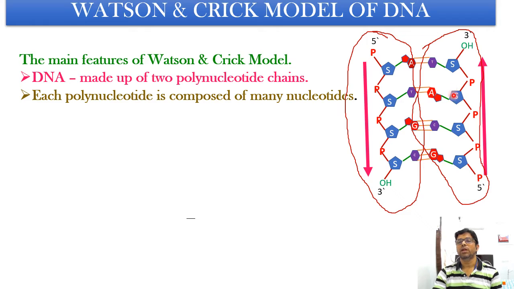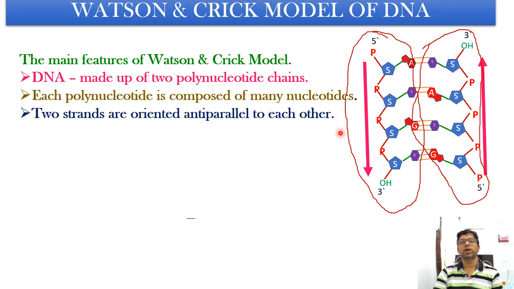So these two chains are called polynucleotides or polynucleotide chains. Each chain contains many nucleotides, hence these chains are called polynucleotides. Two polynucleotides are present in each DNA molecule.